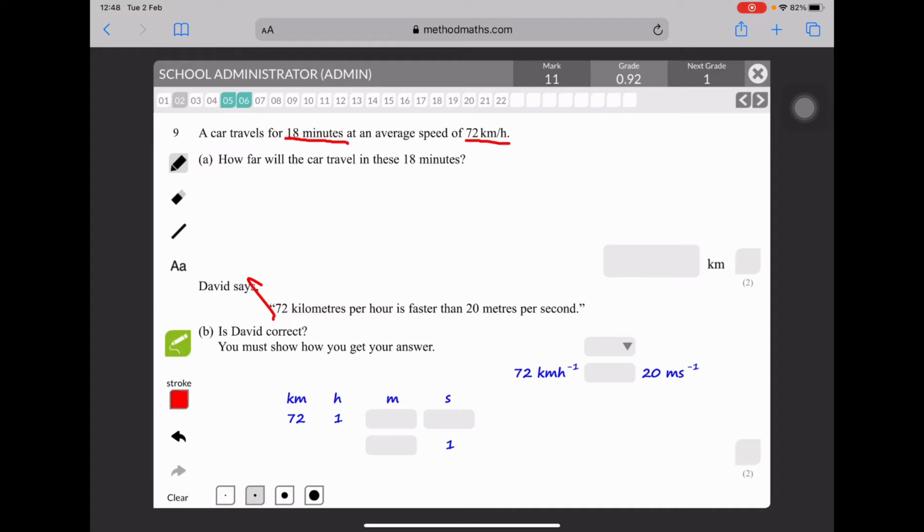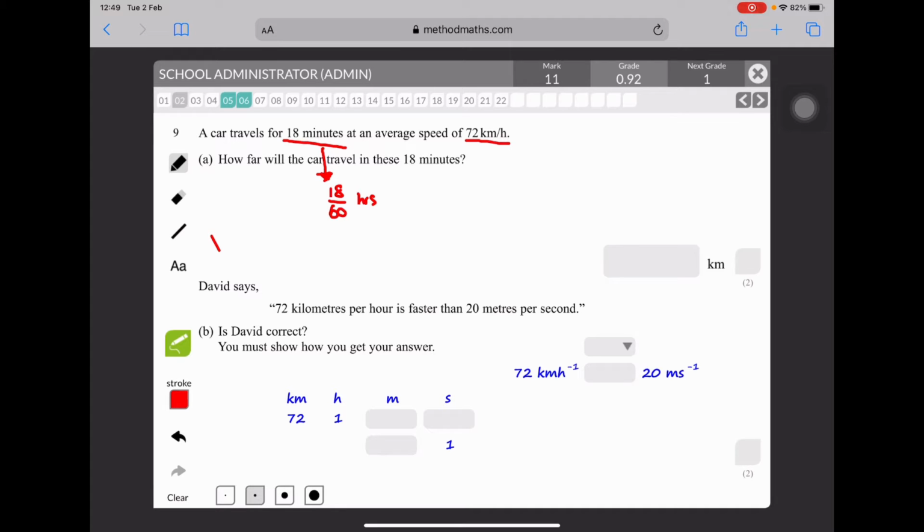So I'm going to write this in terms of hours. So this is the same as 18 over 60 hours, if that makes sense. It's obviously less than an hour, right? So it's a fraction which is less than 1.